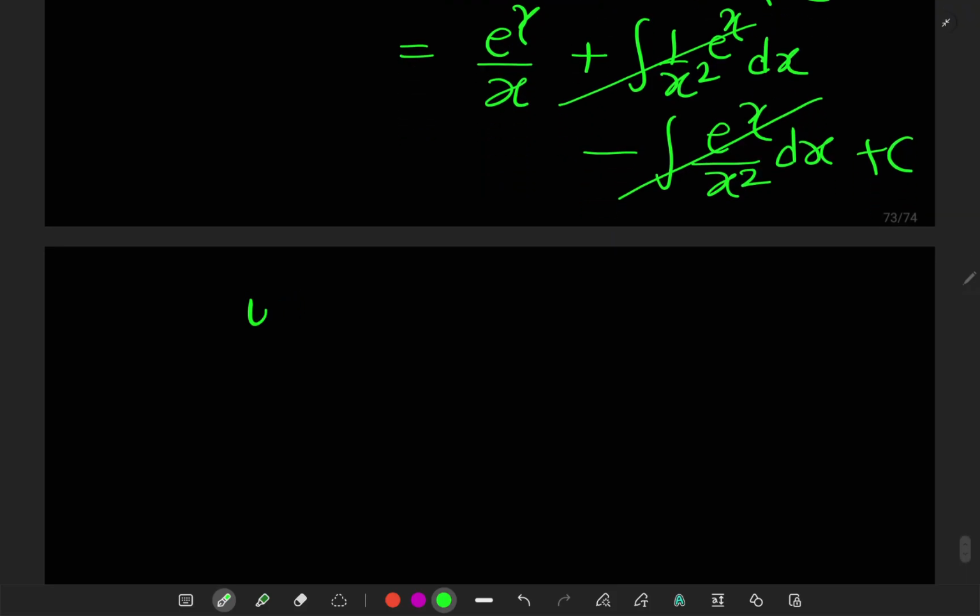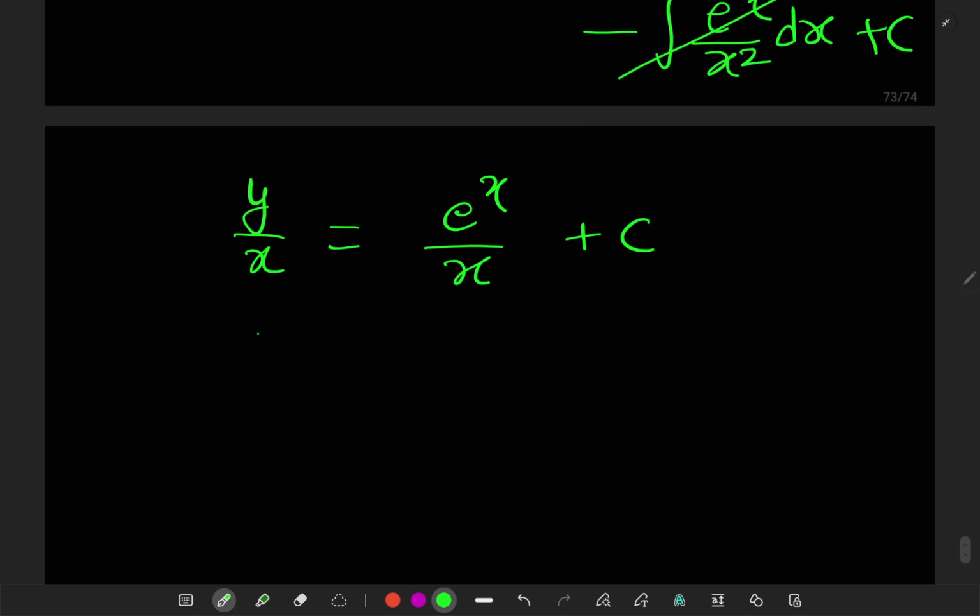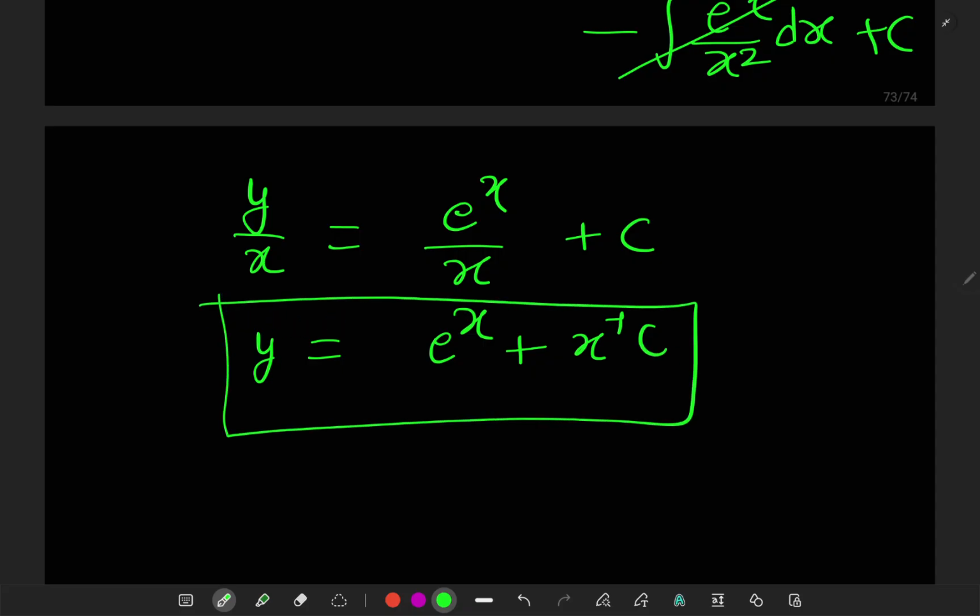Now y by x is equal to e raised to power x divided by x plus c. Here we can write y is equal to like that. This is the final answer of this question.